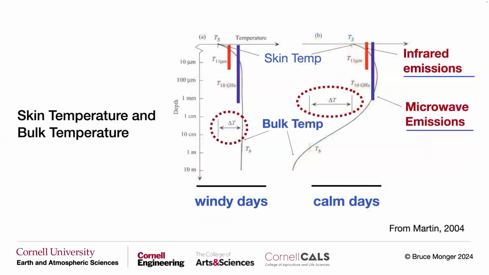Okay. So skin temperature. Let's just look at the left. The red and the blue are the depth over which the temperature is being measured by an infrared sensor versus a microwave sensor. The only real point here is infrared has a much thinner skin over which it's making that temperature measurement. Microwaves average over a little bit thicker, meaning a millimeter.